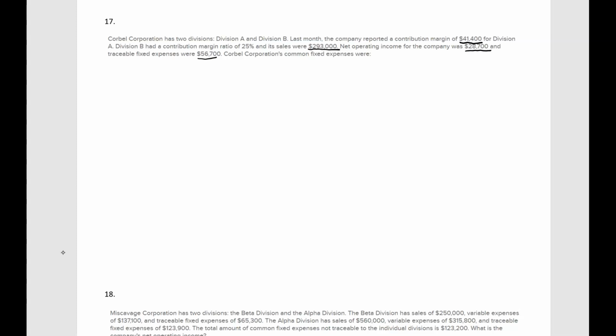Fixed expenses are 56,700. So let's make this little graph here. Here's the total company. Here's Division A and Division B.